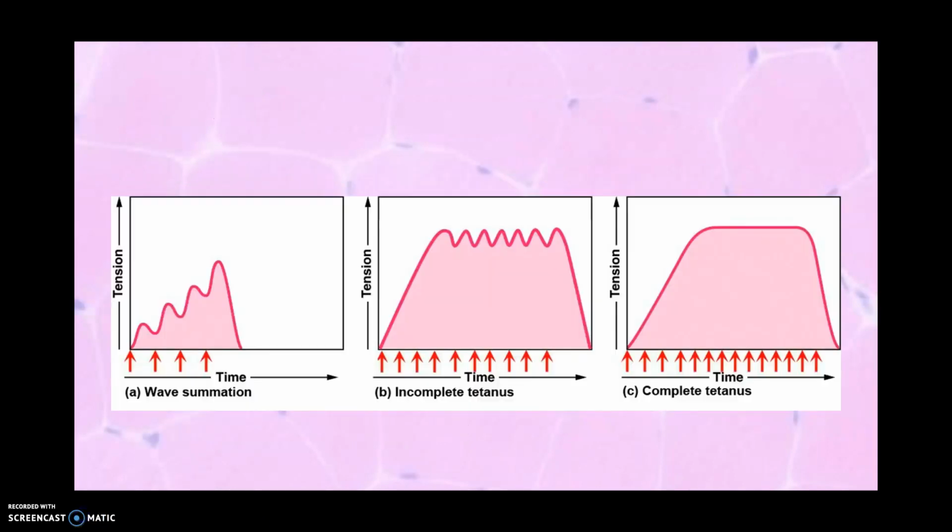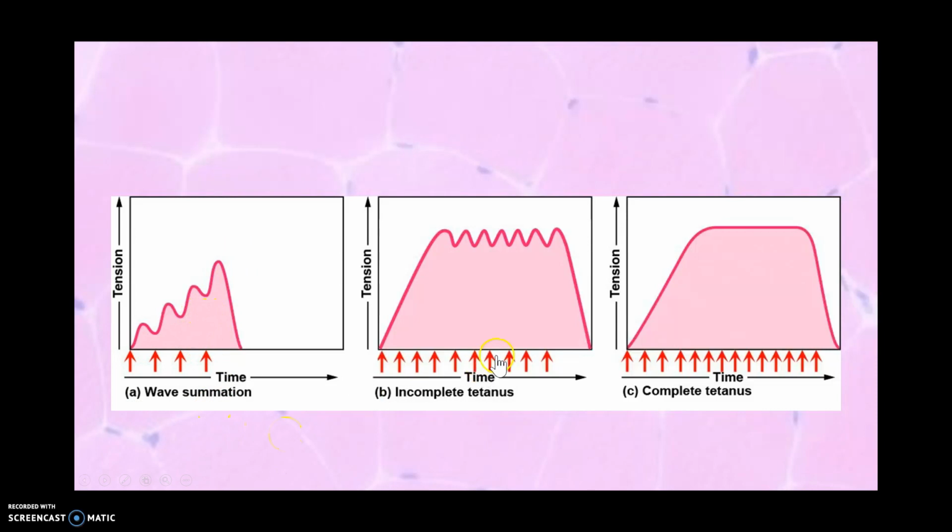Again, recruitment is activating more motor units. Summation is increasing the rate at which each of those motor units is firing. When we look down here at these diagrams with regards to summation, this is ultimately representing the motor unit firing, and the more we recruit and the faster we fire, the larger the amount of force, due to the increased calcium content within the cell.